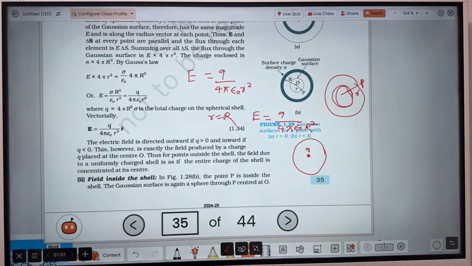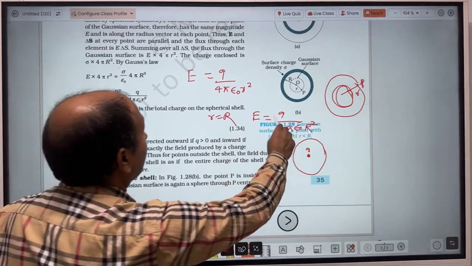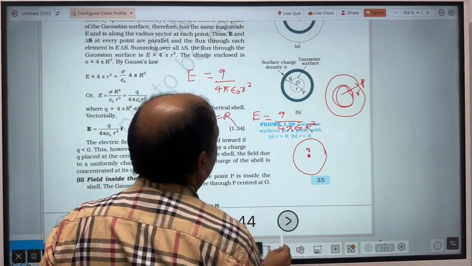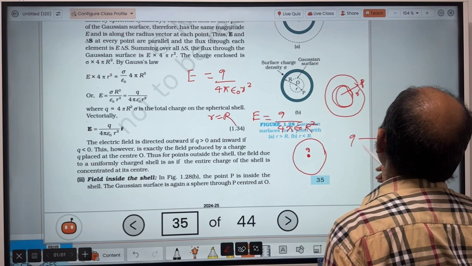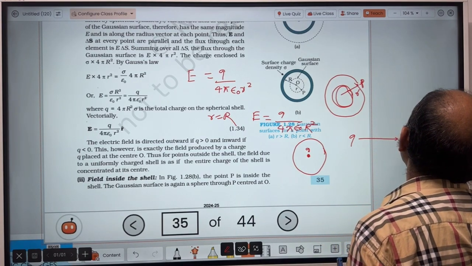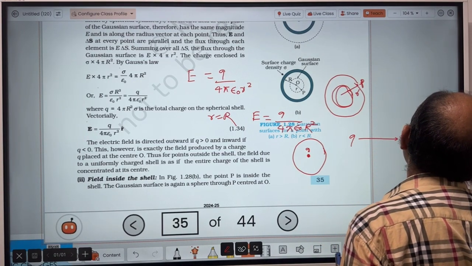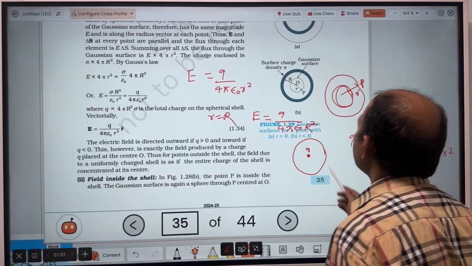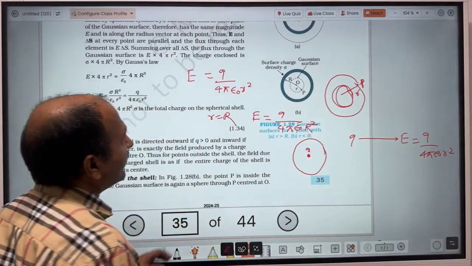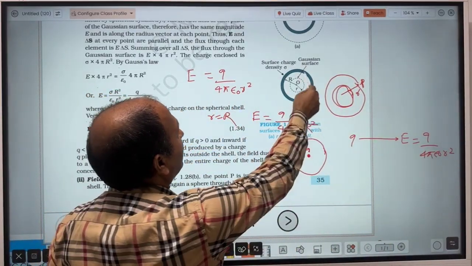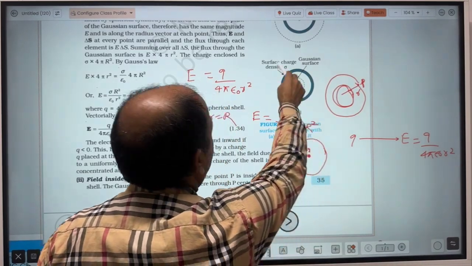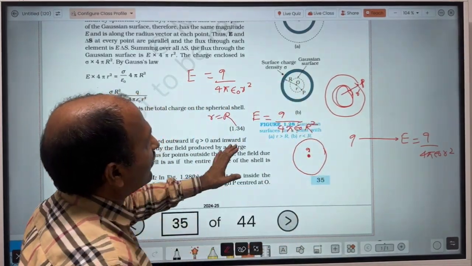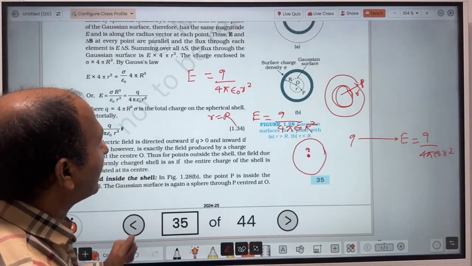It recalls to you that suppose charge q is here, and at a certain distance if you want to find the electric field, you use q upon 4 pi epsilon naught r square. The same is happening here, where a spherical charge distribution is given. We have taken surface charge density sigma, so we have got the same result.